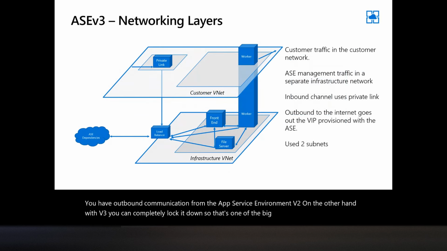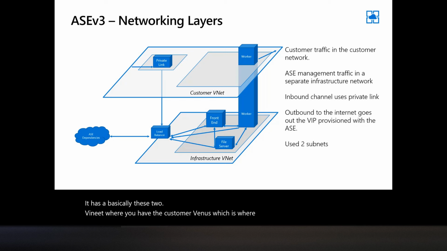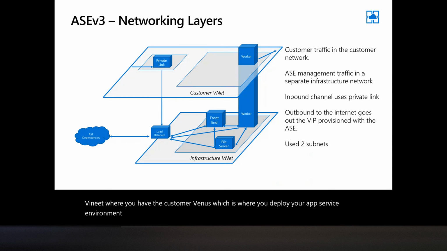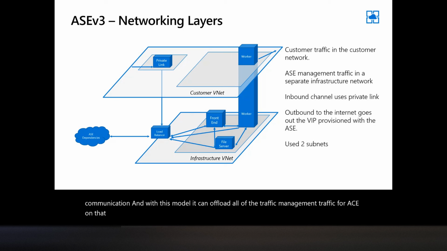This is how the networking layer works. It has basically two VNets: the customer VNet, which is where you deploy your App Service Environment infrastructure, and then behind the scenes, it uses another VNet for all of its own communication. With this model, it can offload all of the management traffic for ASE on that other VNet, which is out of the picture.